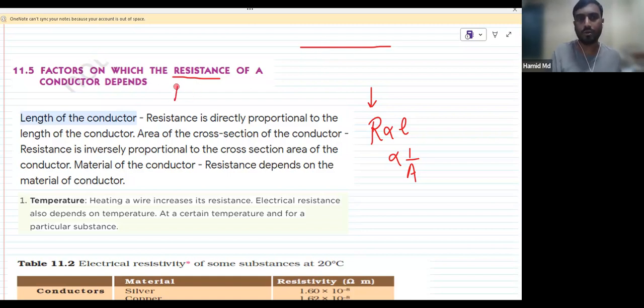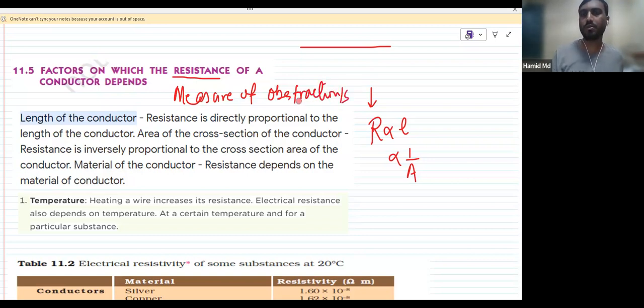So it's the measure of obstructions in the flow of current. Right?